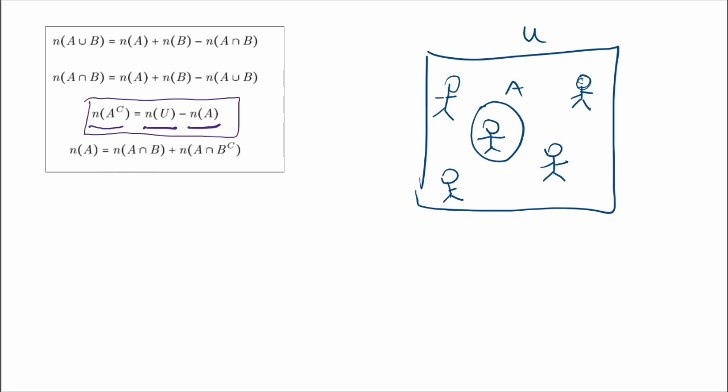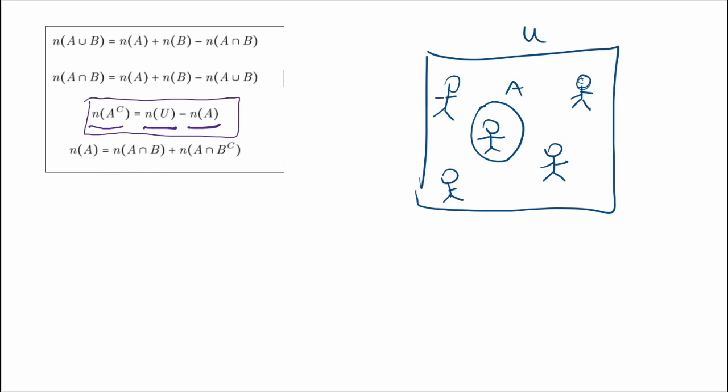So let's say that I have a universal set, U, and inside this universal set, I have a set A, and also some elements that are not inside A. So let's say that I am analyzing all the students of this classroom in my universal set, and inside set A are the students that use glasses, okay?